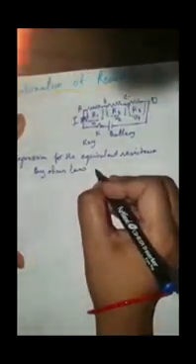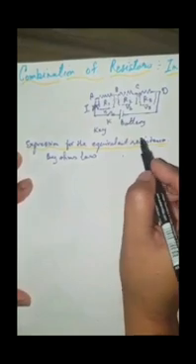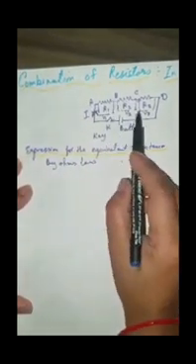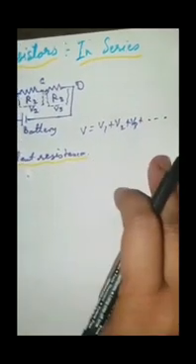Now by Ohm's law, we know that the potential difference across the entire circuit is equal to the sum of the potential differences across the individual resistors. That is, V is equal to V1 plus V2 plus V3 and so on.